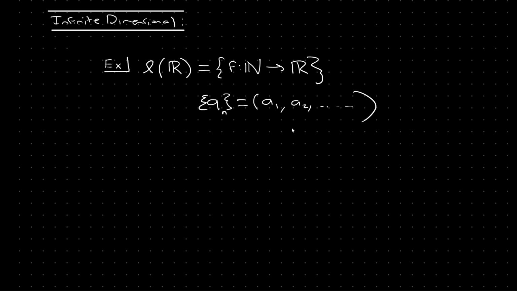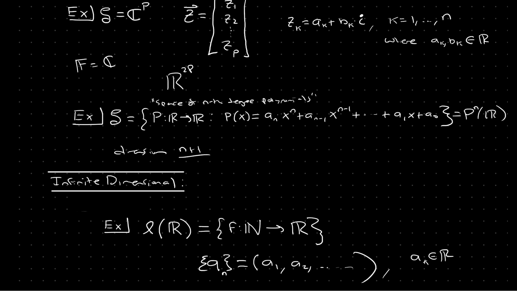Such an object we call an infinite sequence, and in, say, Calculus 3, you typically see infinite sequences, and you learn about convergence properties of infinite sequences of real numbers. But it's important to point out that we could consider infinite sequences of complex numbers, or really any other well-defined mathematical object.